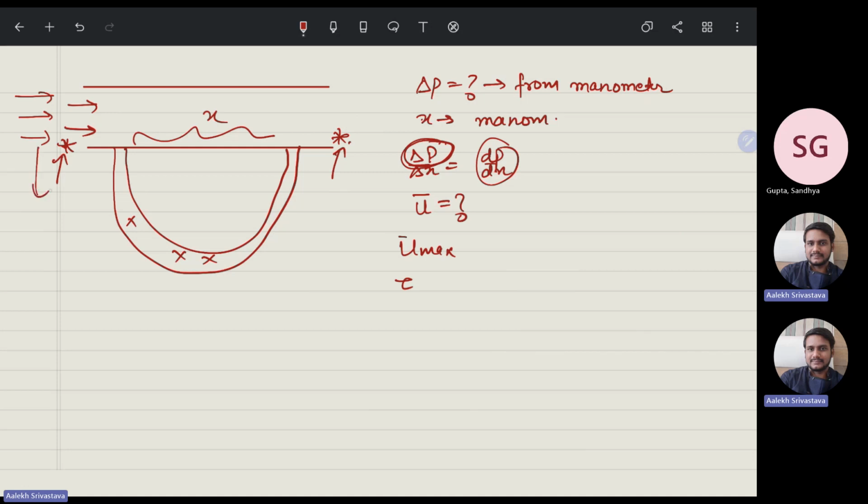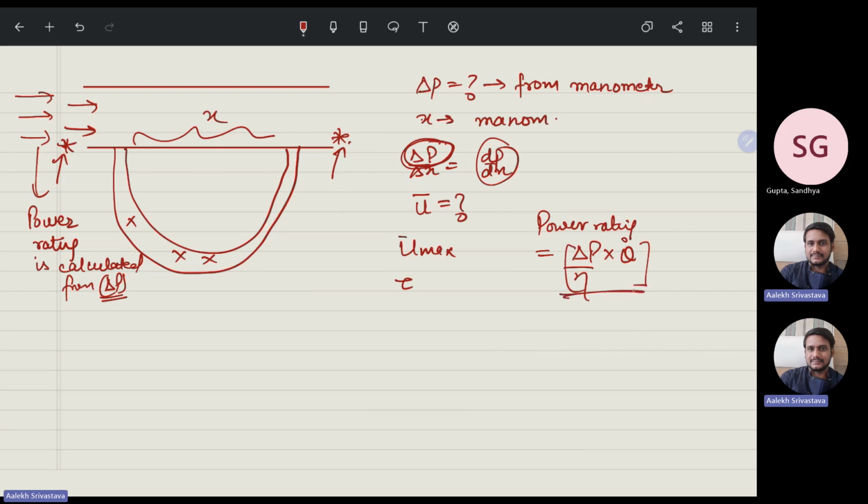What is the power of the pump? The power rating is calculated from delta P. Power rating of the pump is equal to delta P into flow rate, divided by the efficiency of the pump. So this is the power rating of the pump that we have to calculate. If you know delta P and you know the flow rate, you can directly calculate what is the power rating that is required.